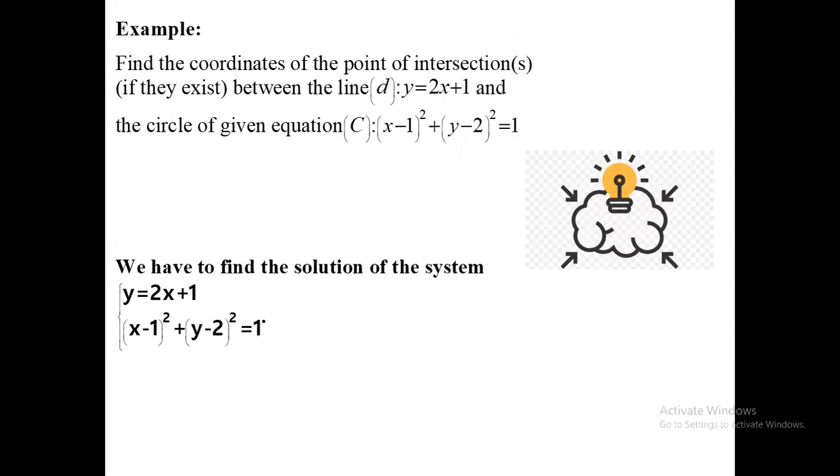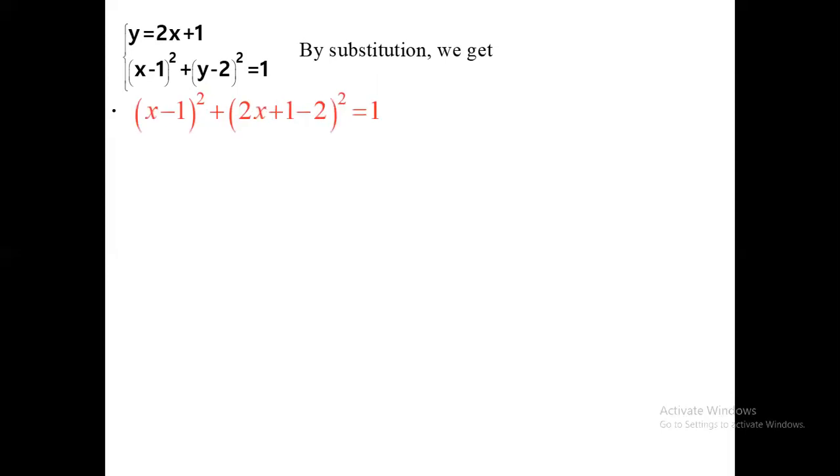We have to find the solution, as we said, to the system: y equals 2x plus 1, (x minus 1) all squared plus (y minus 2) all squared equals 1. This is the system. By substitution, we get (x minus 1) squared. Here we are substituting the y expression of the line in the y expression of the circle.